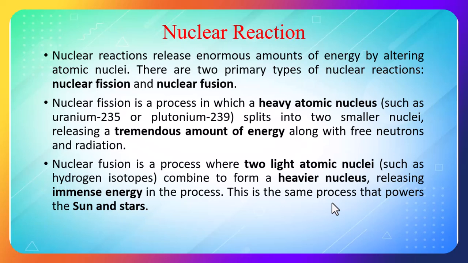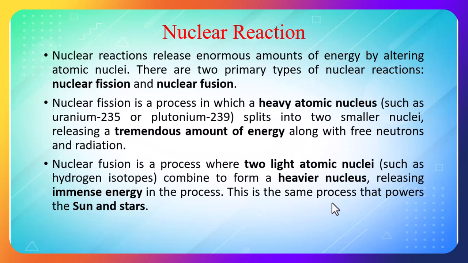That steam is passed across a turbine, and a generator connected to the turbine generates power. Here we tap the energy from uranium 235. Under nuclear fission, I hit a uranium 235 nucleus with one neutron, which generates energy, and uranium 235 gets divided into two lighter particles.